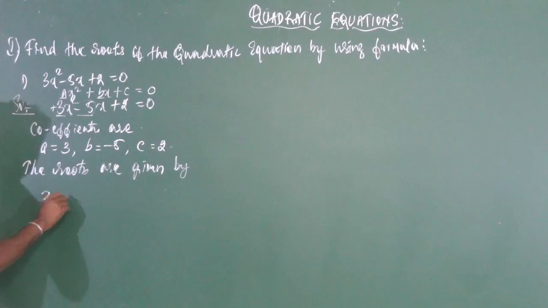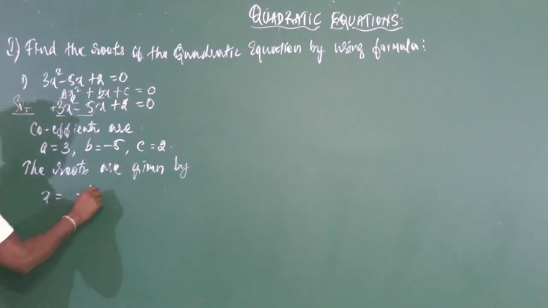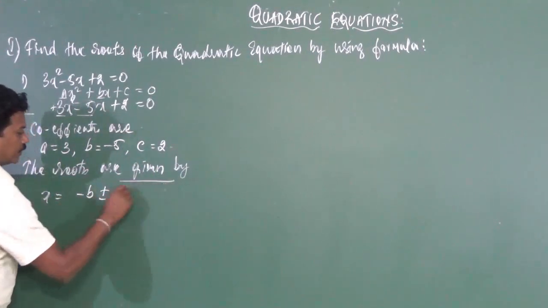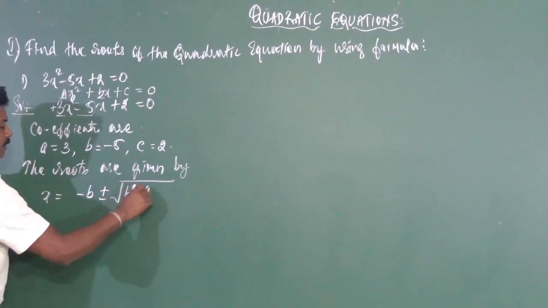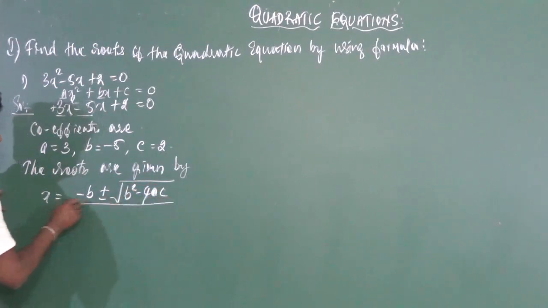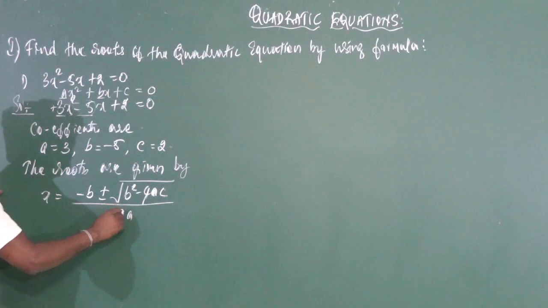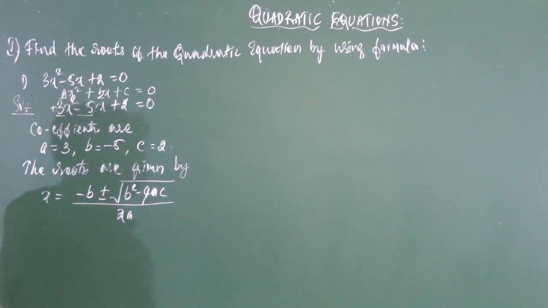So x is equal to minus b plus or minus square root of b square minus 4ac by 2a. So this is the quadratic formula, right? Here we consider that the variable x is used, so therefore we have to use x here.